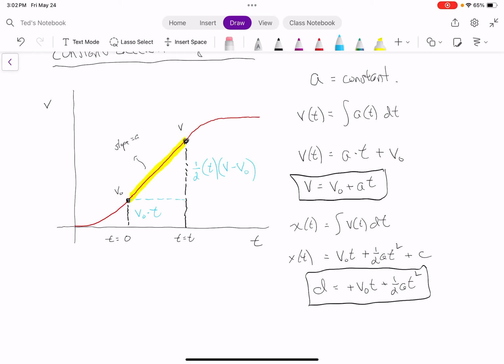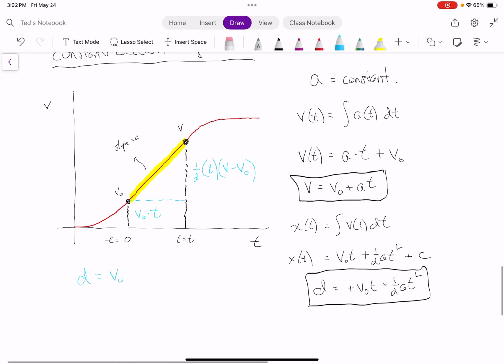Yeah, I did that right. Okay. So we can do two things with that. We can say, okay, that just means that the displacement is equal to v0t plus 1/2, and I'll distribute this, 1/2 vt minus 1/2 v0t.